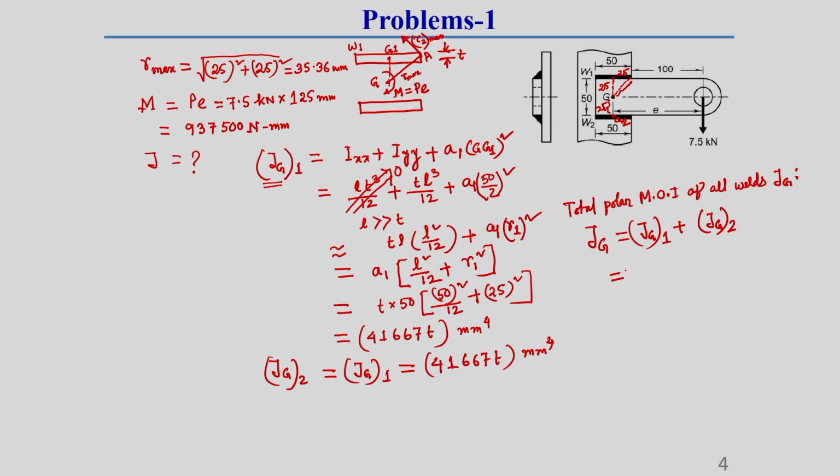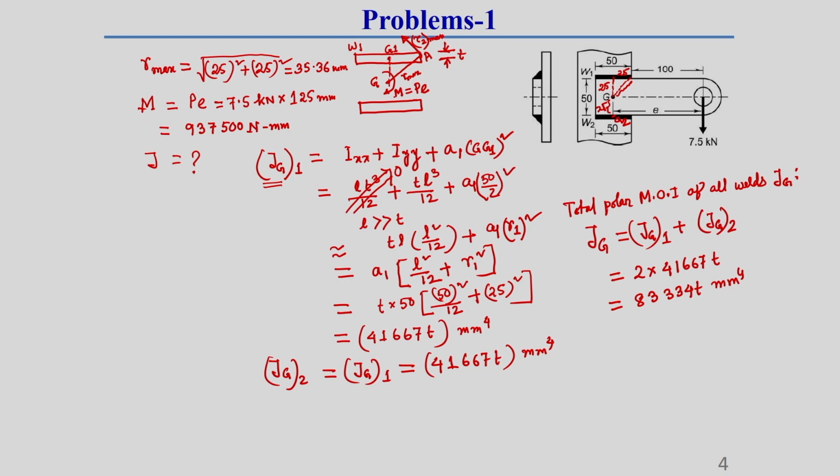So, this will be equal to 2 into 41667 T. So, this will be equal to, we can say, 83334 T millimeter to the power 4.